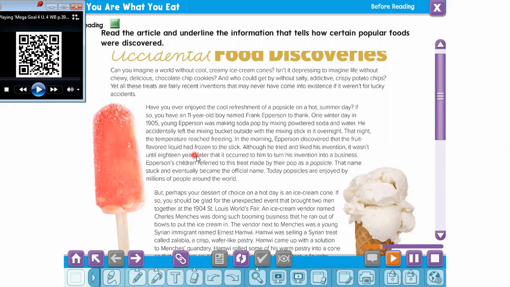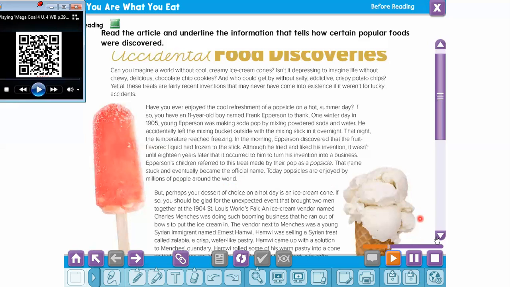Although he tried and liked his invention, it wasn't until 18 years later that it occurred to him to turn his invention into a business. Epperson's children referred to this treat made by their pop as a popsicle. That name stuck and eventually became the official name. Today, popsicles are enjoyed by millions of people around the world.